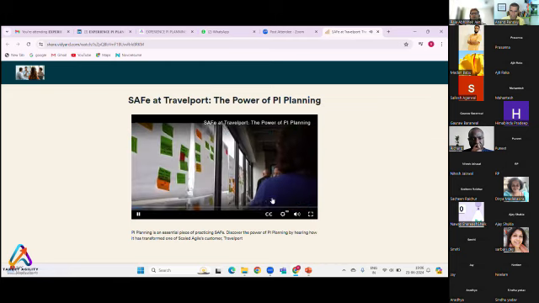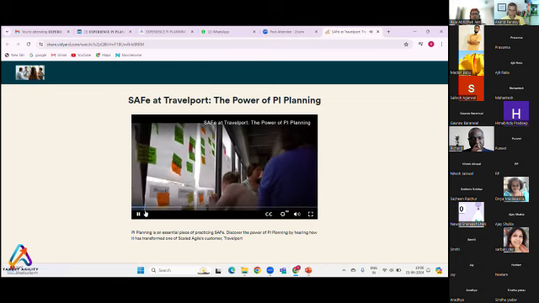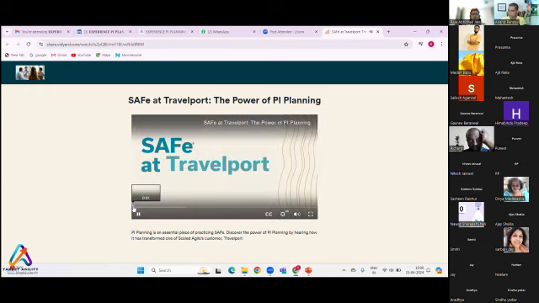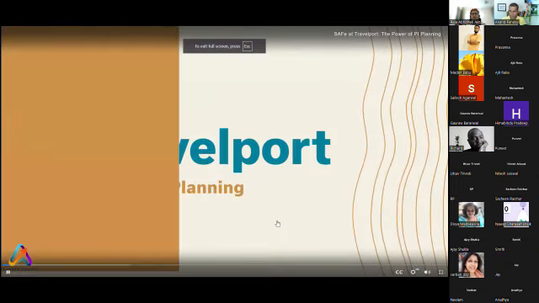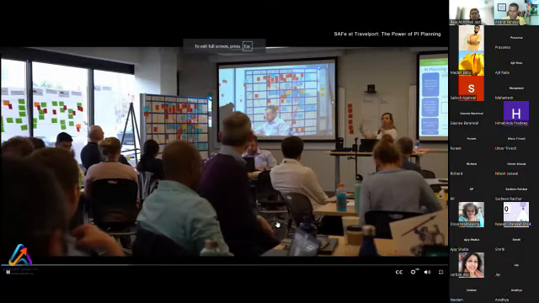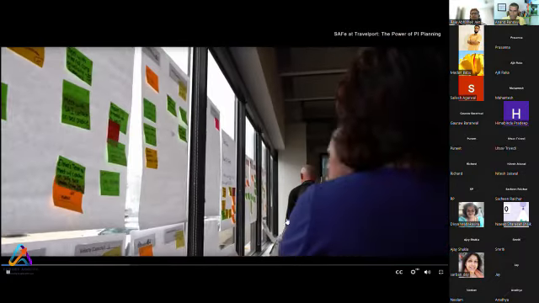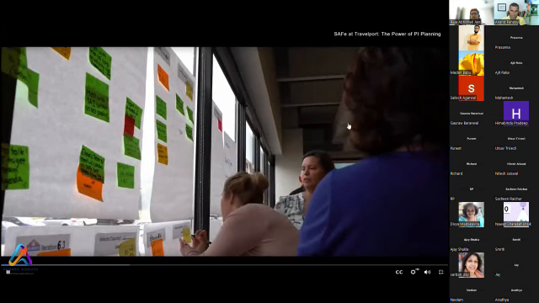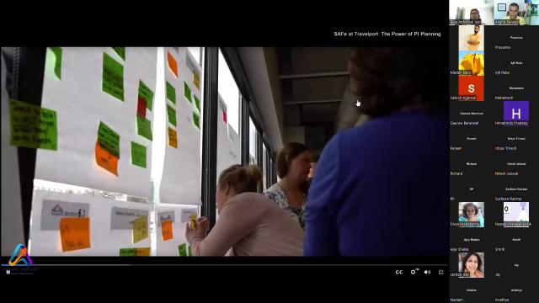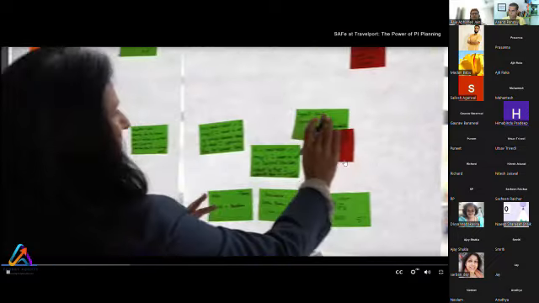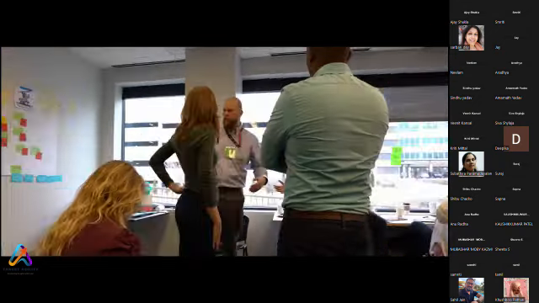The evolution from the first PI planning a year ago to the PI planning that we're in now, which is PI 6, has changed dramatically. Both enjoyable experiences, but everybody kind of running around like headless chickens, quite nervous in that first PI.